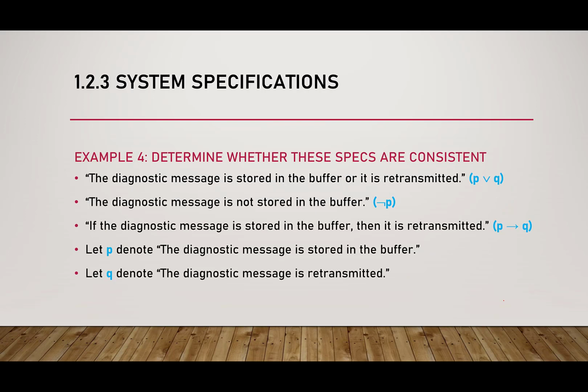Second part, we converted that second bullet point to an equation, which is saying not P, which is the diagnostic message is stored in the buffer. We're saying not that, which is what's going on here. And then the last one says, if the diagnostic message is stored in the buffer, therefore it is retransmitted. And that's what P therefore Q states. So we've converted it, but now what? Is it consistent? Well, let's find out.